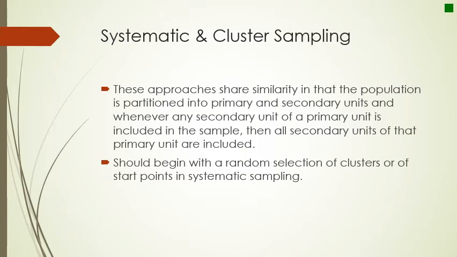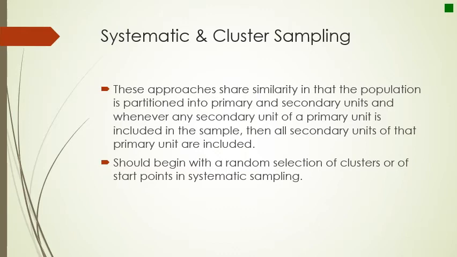This gets a little kind of convoluted, but basically with cluster sampling, you decide a priori that you're going to divide your units into clusters, and you'll go out and sample all of the units in that particular cluster when that cluster is selected.